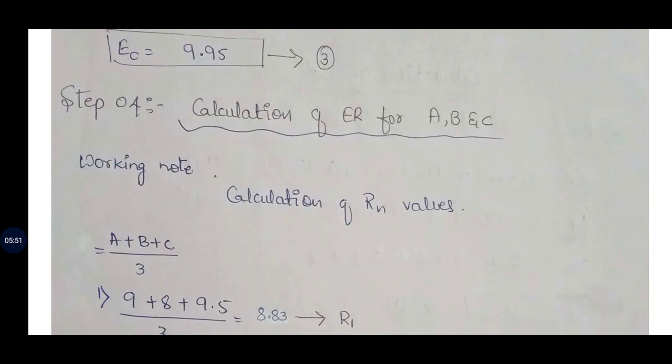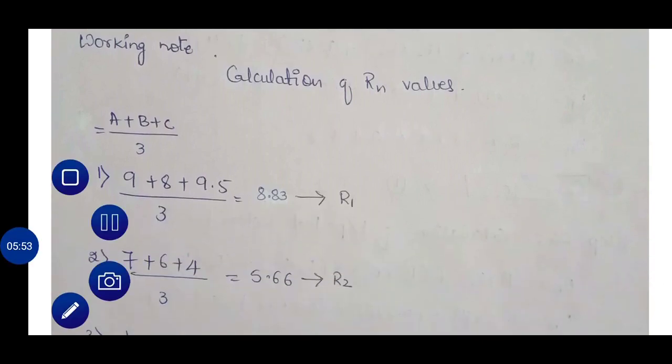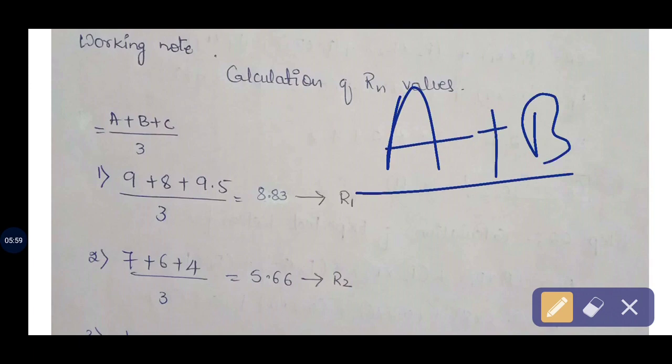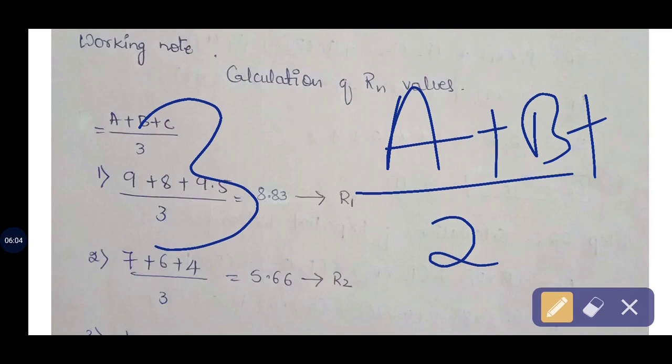In the previous problem we calculated the mid values between the two securities, that is A plus B divided by 2, but here we have three securities, so we have to add C, and instead of dividing by 2, we have to divide by 3.